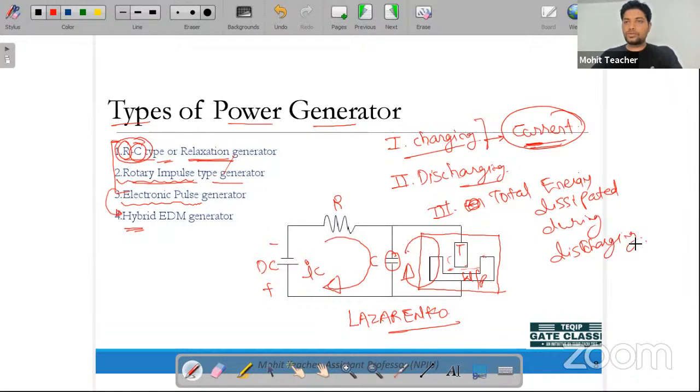Okay, so shall we move or should we stop? Tell me, Somaranjan. Stop.